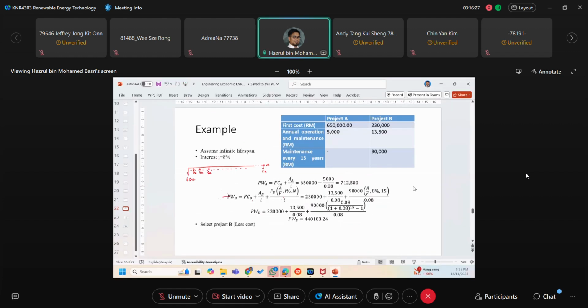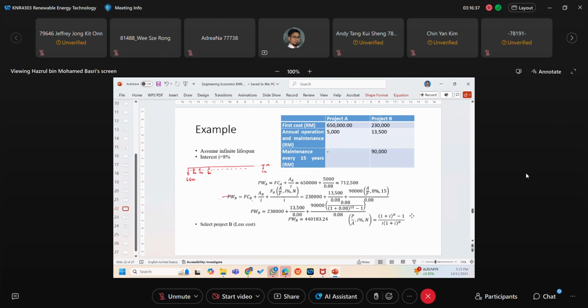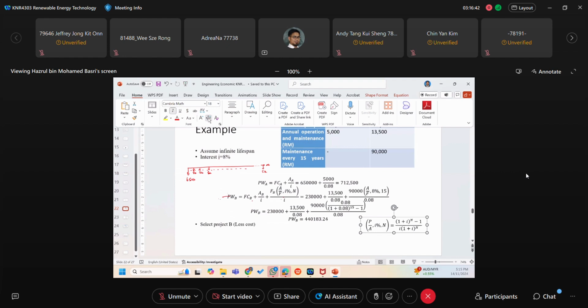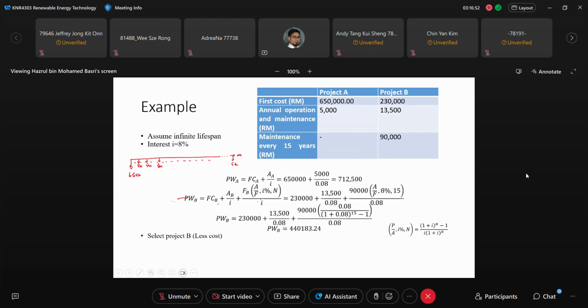I want to copy the formula. Okay, this is the formula, P given A. Perhaps I can shrink the font. We want to find out what is the limit when n tends to infinity.